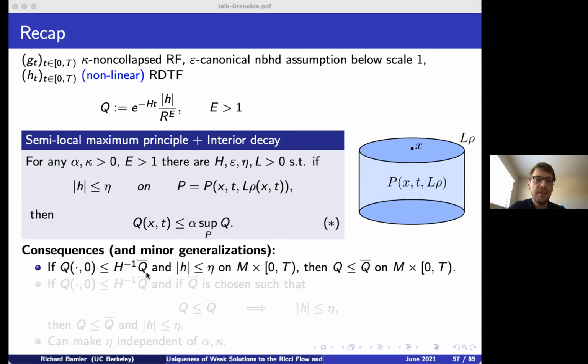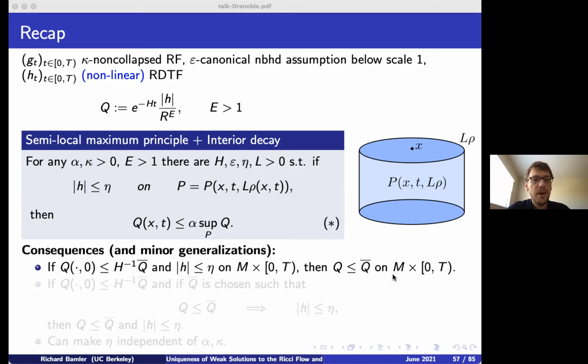Or let me say it in a different way. We get some bound on Q for some time due to this improved bound involving the H. And then for later times, Q can never attain a maximum anymore compared to all the previous time slices by the semi-local maximum principle.